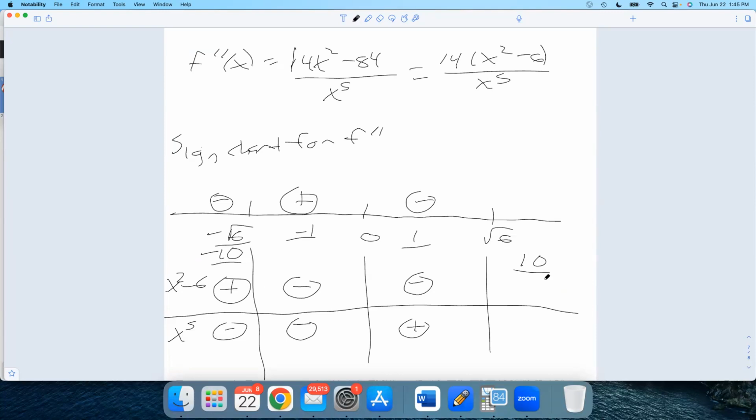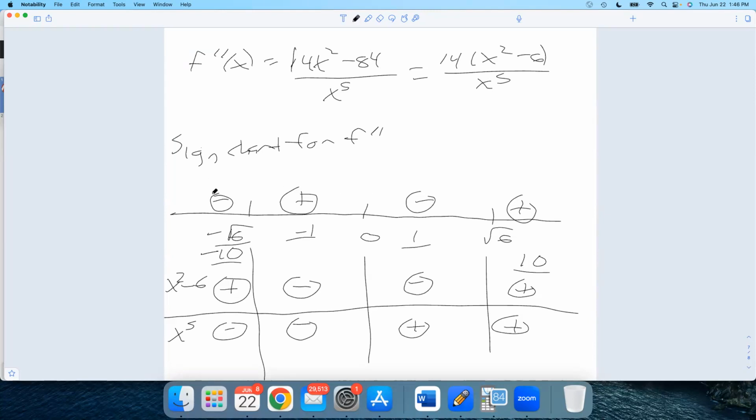It's 100 minus 6, I get a positive. I don't care what the number is, it's positive. 10 to the 5th power is a positive number. 2 positives makes a positive. Again, if you want to use this, plug 10 into the whole thing, get your calculator out, and you'll get a positive number.